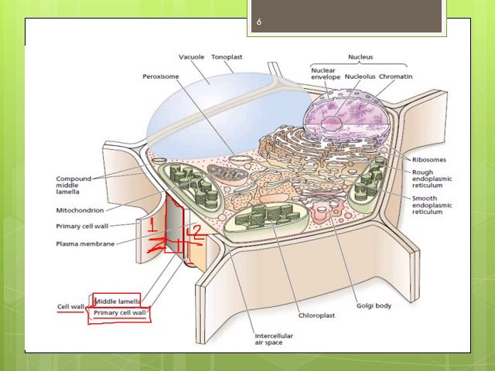After that, here we have a primary cell wall. This one is a primary cell wall, and this one is a primary cell wall. So in between these two primary cell walls, there is the presence of the middle lamella. Now we discuss the primary cell wall. I give you a very brief account of it.